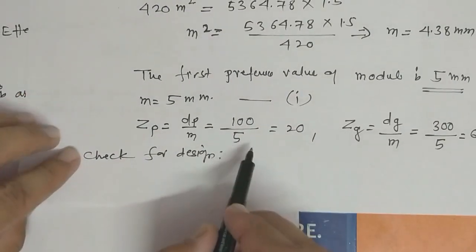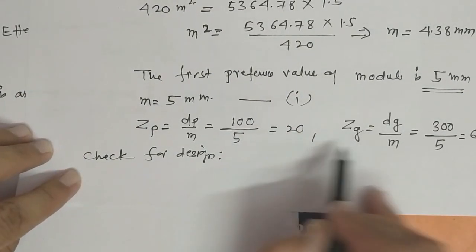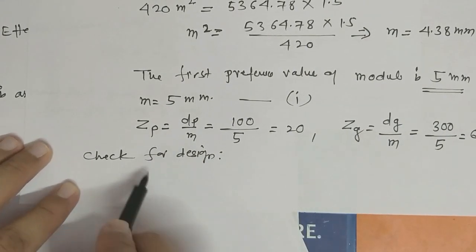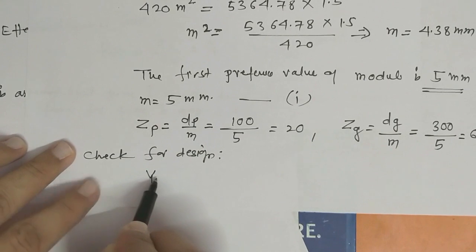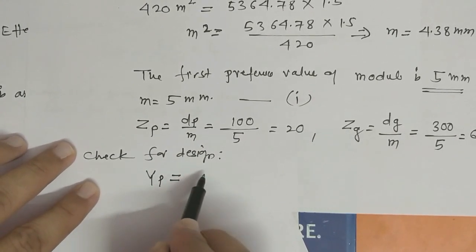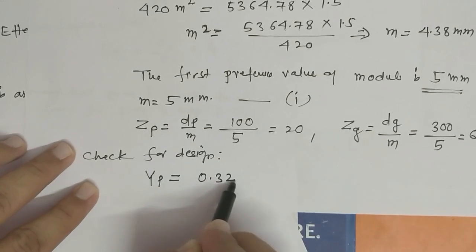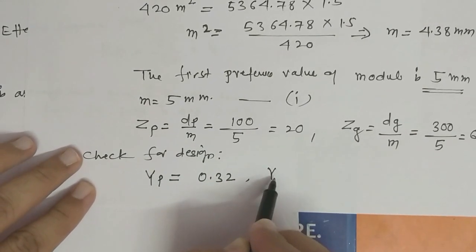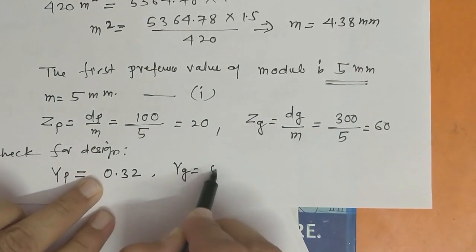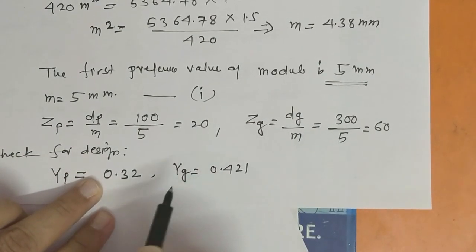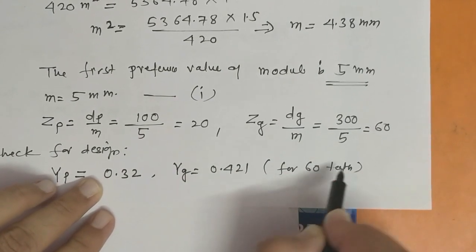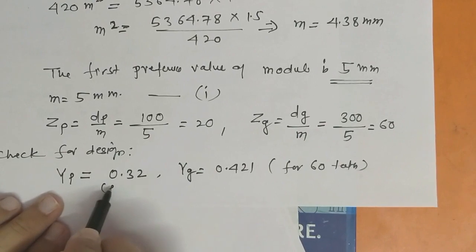Now we know the exact number of teeth on both gears, so we can pick the exact value of Lewis form factor. The Lewis form factor for pinion from the data book is 0.32 and for gear is 0.421. This is for 60 teeth and this is for 20 teeth.